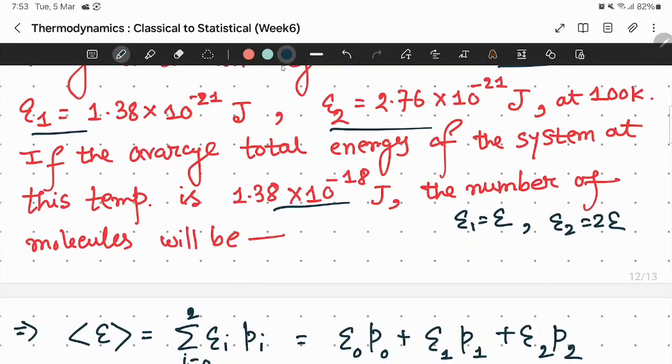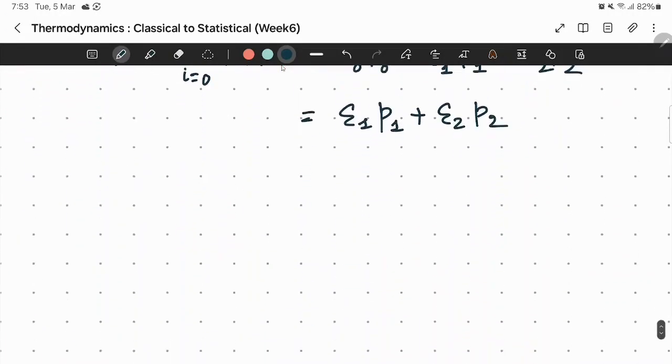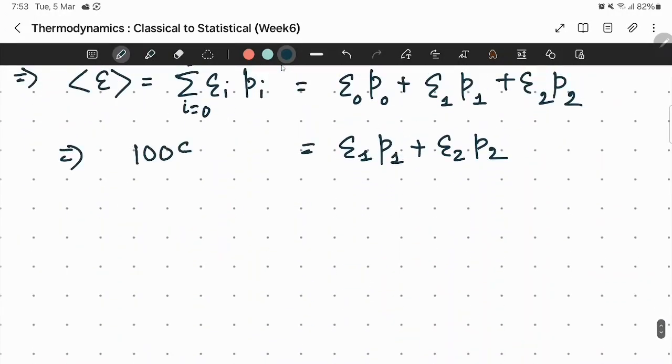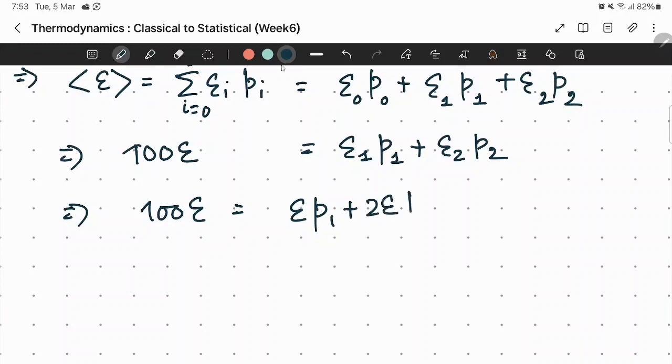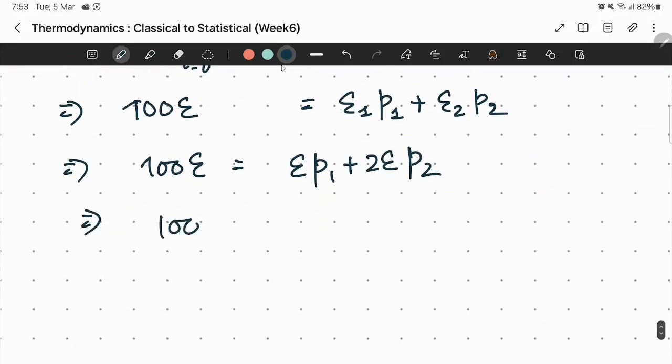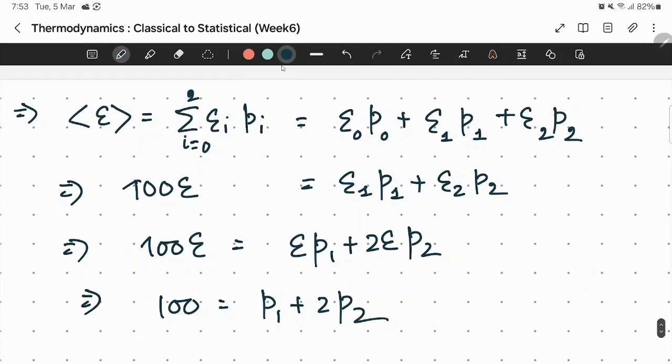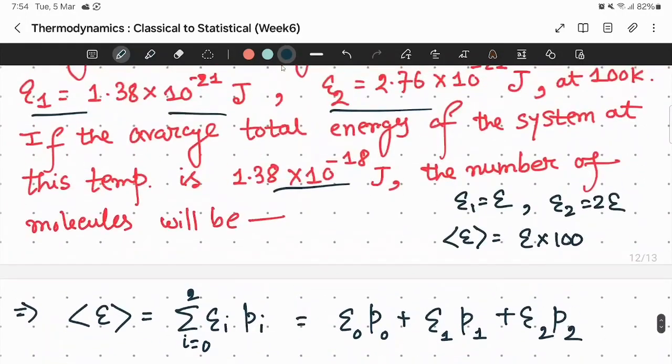The average energy is epsilon into 100, so you can write 100 epsilon as epsilon p1 plus 2 epsilon p2. So p1 plus 2 p2 is 100.